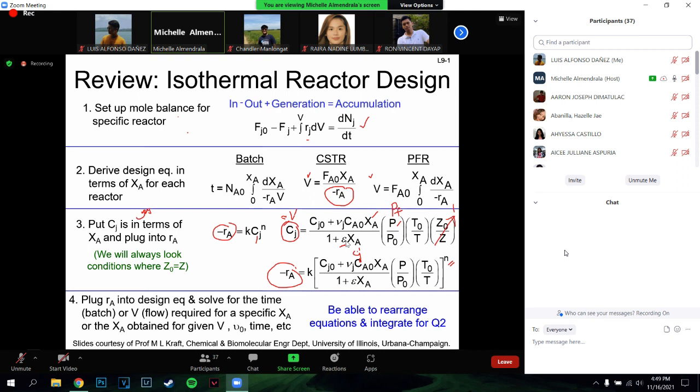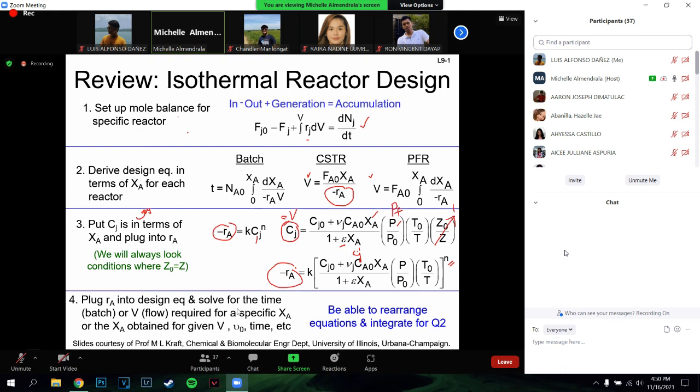And epsilon will be the sum of the moles of gaseous reactant and product, for a gaseous reaction.